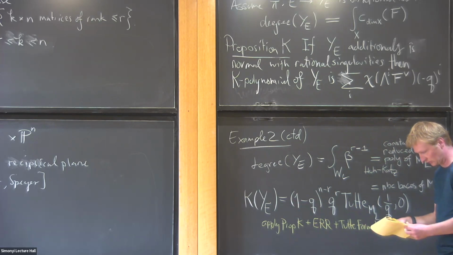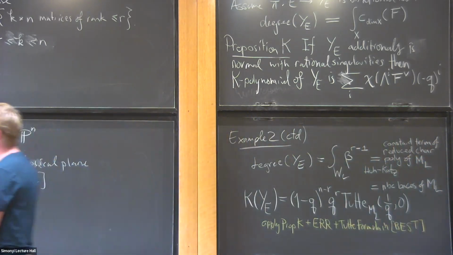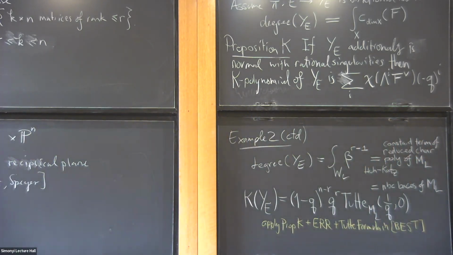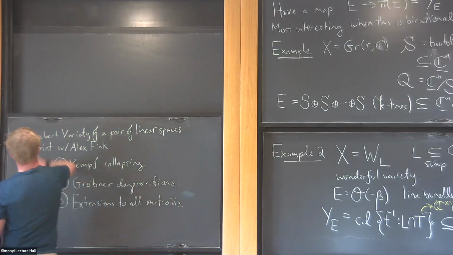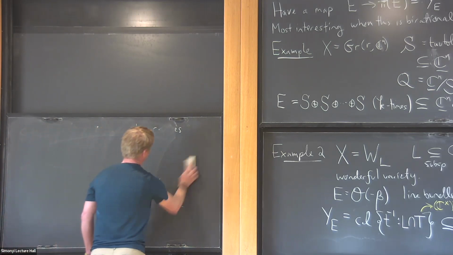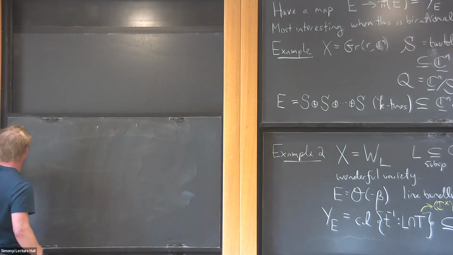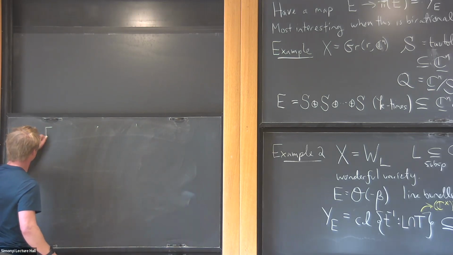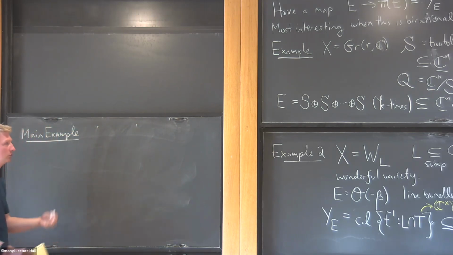So now I'll get to my main example. Okay, so this is going to be the Schubert variety of a pair of linear spaces.